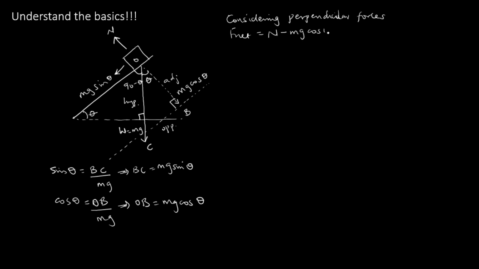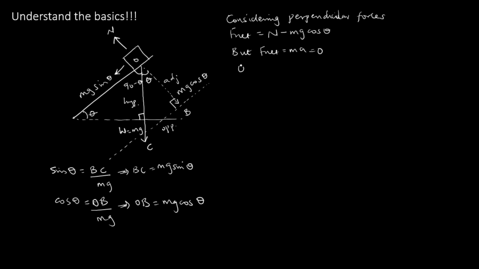Alright. Now our net force, as we know from Newton's second law of motion, is equal to ma. Now since the body has no motion perpendicular to the plane, which means it doesn't jump up or sink in, we can say the net force in this axis is 0.